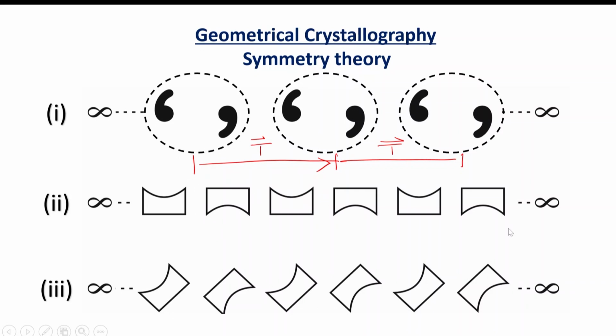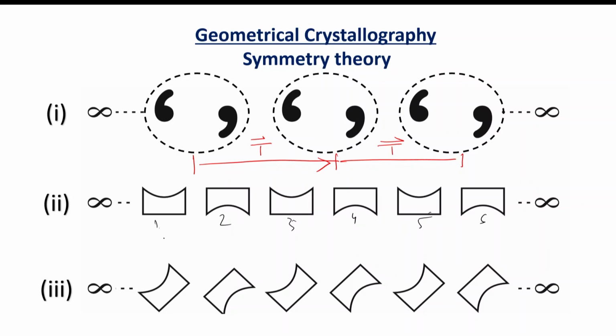If I take this one as 1, this is 2, this is 3, this is 4, this is 5 and this is 6, then I can say that 1 and 3 are equidistant from one another, 3 and 5 are also equidistant from one another. Similarly, 2, 4 and 6 are also equidistant from one another.